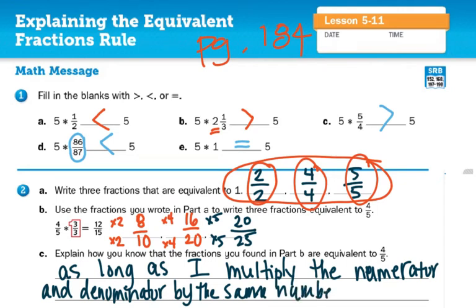Again, if you need more time, pause it. They are equal.